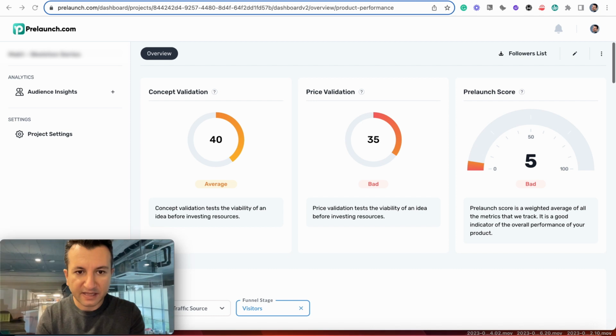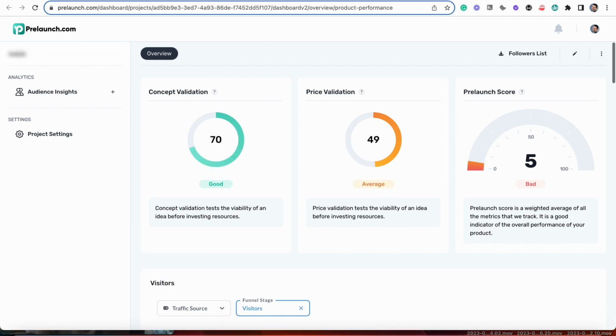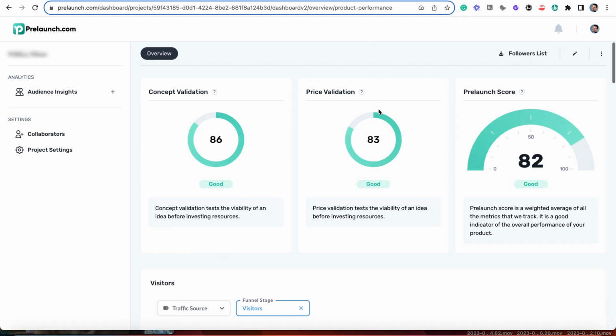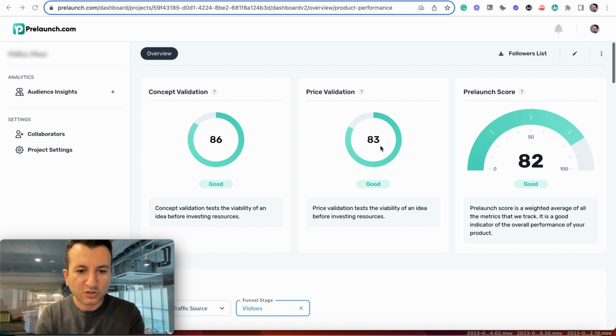This is not the dashboard of this specific product, but overall you will see in your price validation place a metric from 0 to 100, and generally it will show you if it's going bad, average, or good.